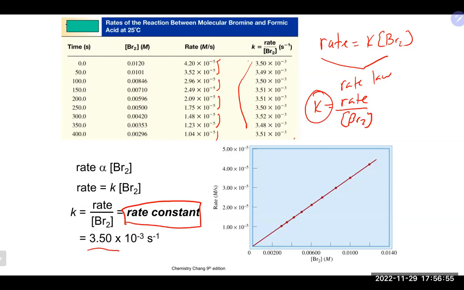The rate constant is also important, as we'll talk about in this chapter. The actual units associated with it will tell you what type of reaction you're dealing with. For example, these are reciprocal seconds, the units for the rate constant.